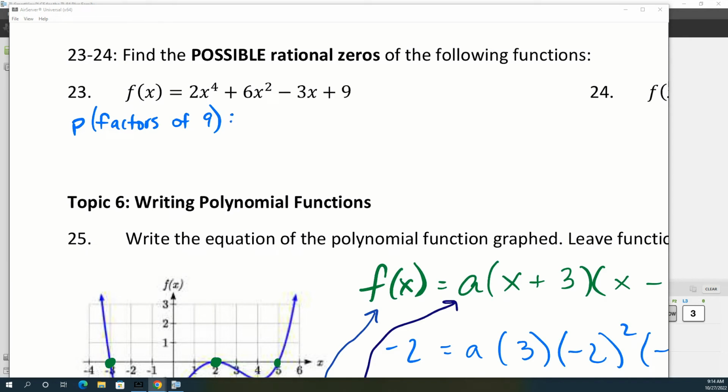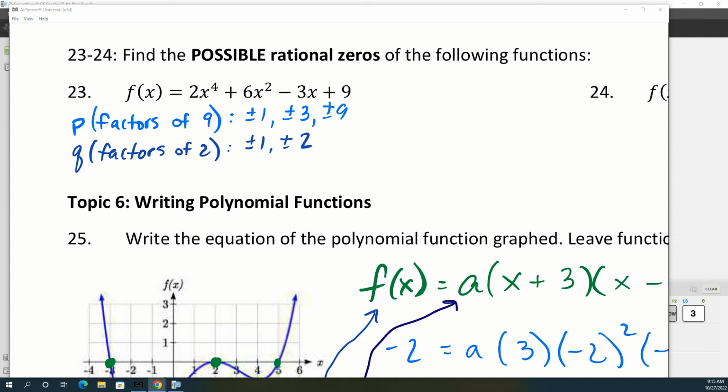So all the factors of 9 are positive and negative 1, positive and negative 3, and positive and negative 9. All right, and then Q is going to be the factors of the leading coefficient. Positive and negative 1 and positive and negative 2.